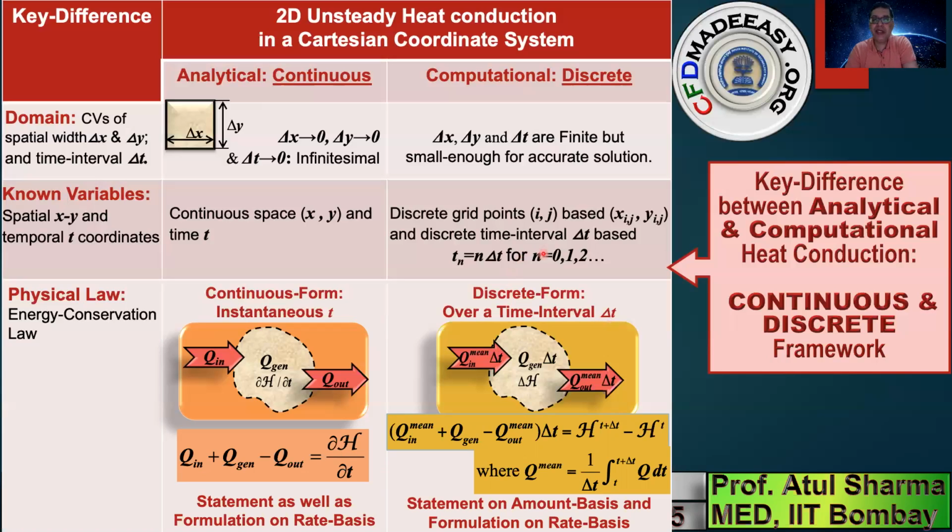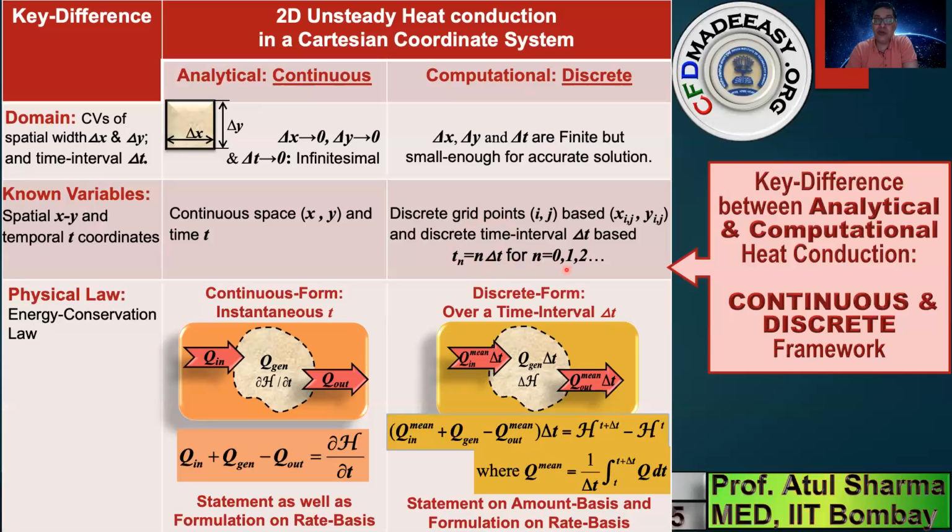So what I mean to say is that here I am trying to present a physical law based finite volume method using discrete math independent of continuous math. From the beginning, when I propose the energy conservation law, I am making a statement which is applicable over a time interval, because the fact of the matter is that our time instants are discrete. They are delta t, 2 delta t, 3 delta t.